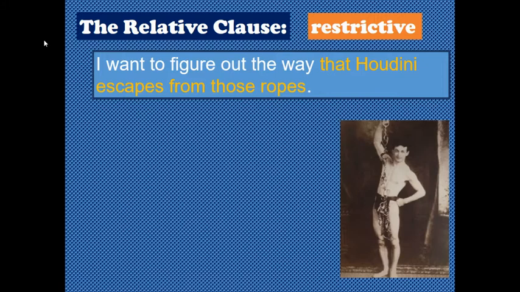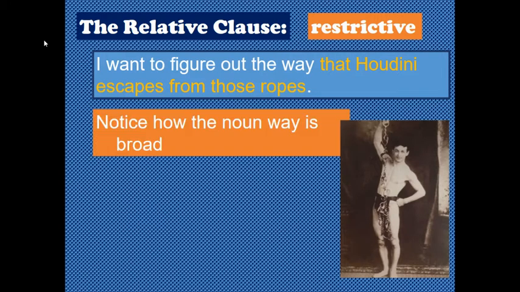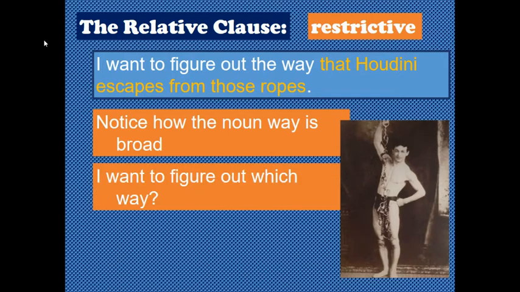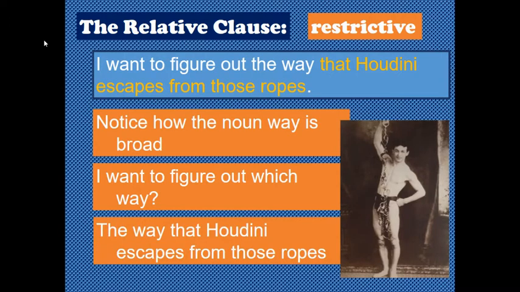Second example reads, I want to figure out the way that Houdini escapes from those ropes. Well, notice how the noun way is too broad. And so we're left sort of saying, I want to figure out which way. Like that's a very broad sentence. I want to figure out the way. You're like, what do you mean the way? So therefore, I need to explain which way you're talking about. And therefore, I would say, well, it's the way that Houdini escapes from those ropes.